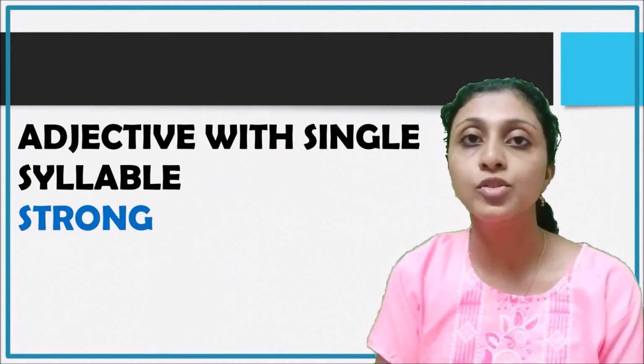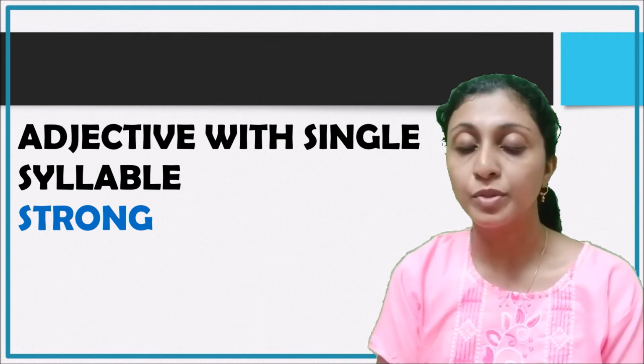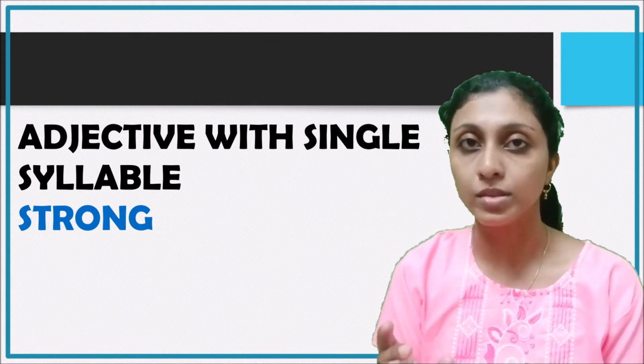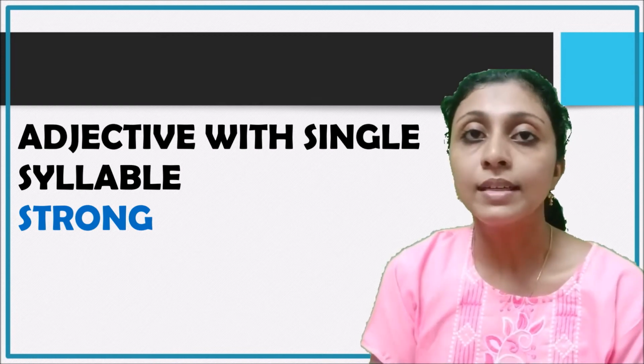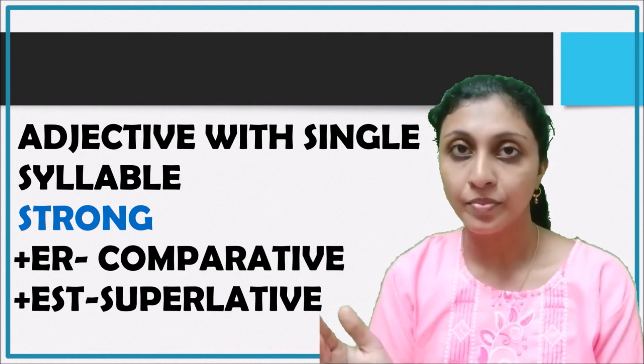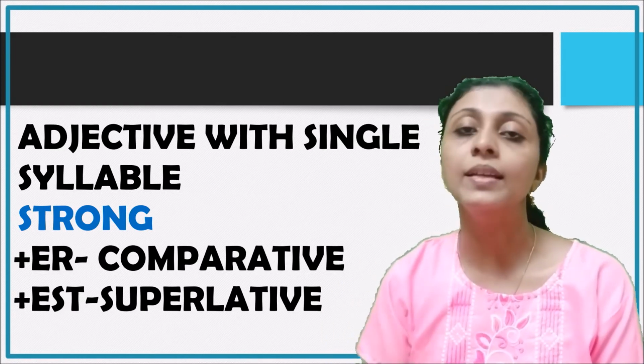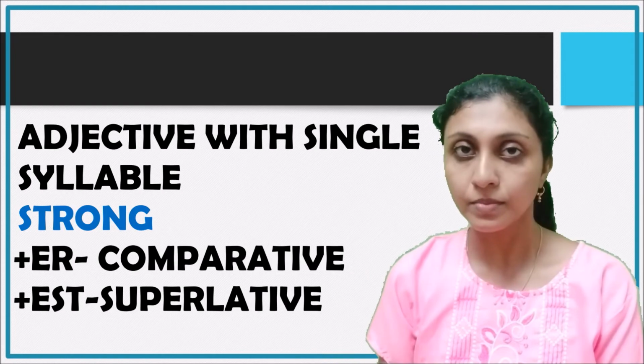Strong is an adjective which has a single syllable, which means when you say strong, you can hear only a single vowel sound, which is the O sound. So in such cases, when you have single syllables, add ER in the comparative form and EST in the superlative form.